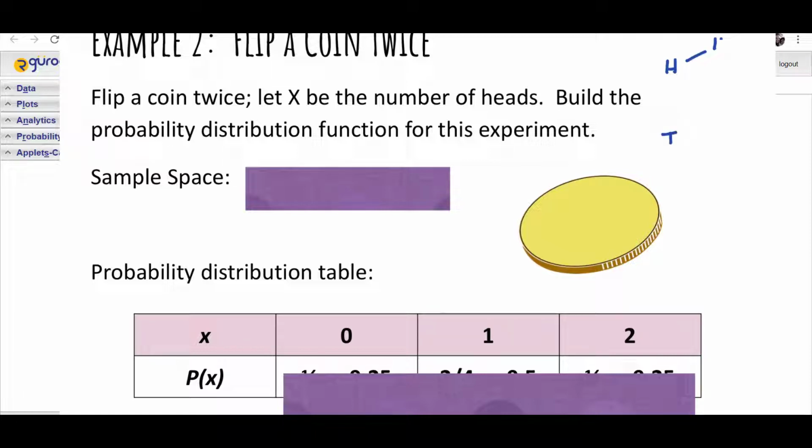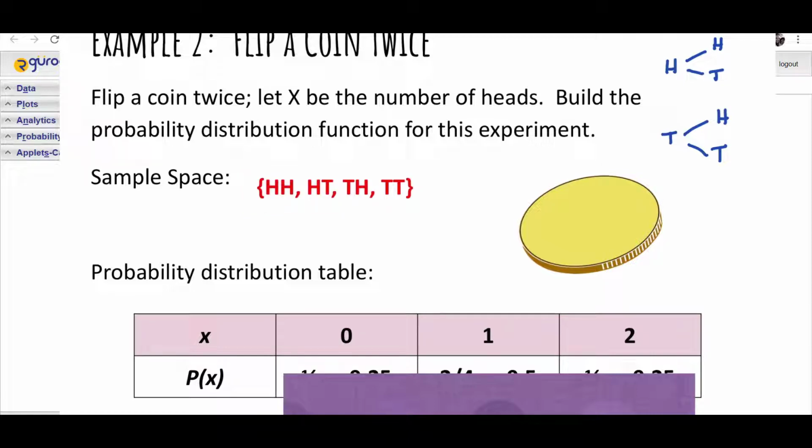For the second coin could be heads or tails, and if the first coin was tails, the second could be heads or tails. So I have heads and heads, heads and tails, tails and heads, tails and tails. So it looks like 4. I've listed them here as well. So here are your 4 outcomes.